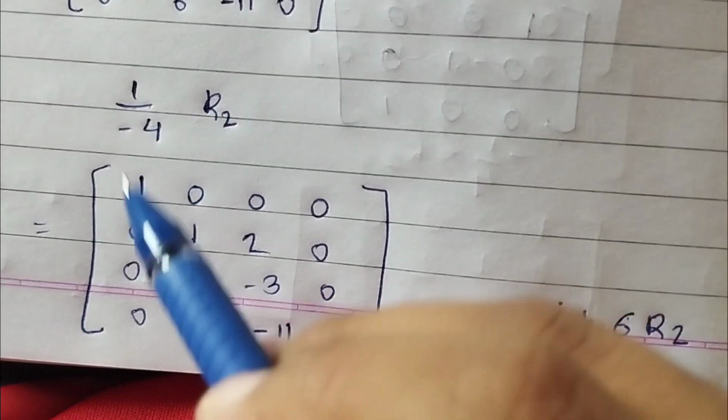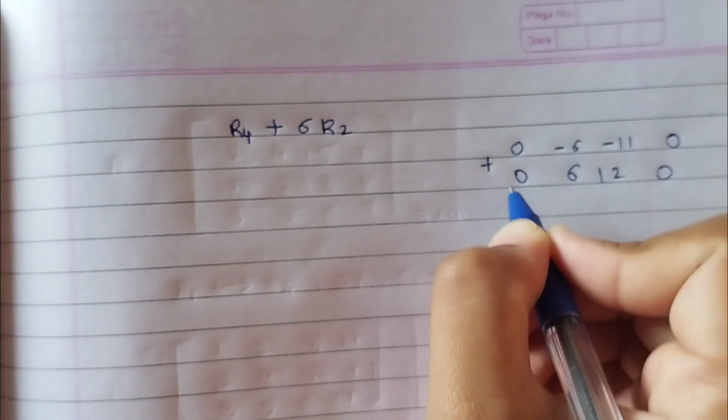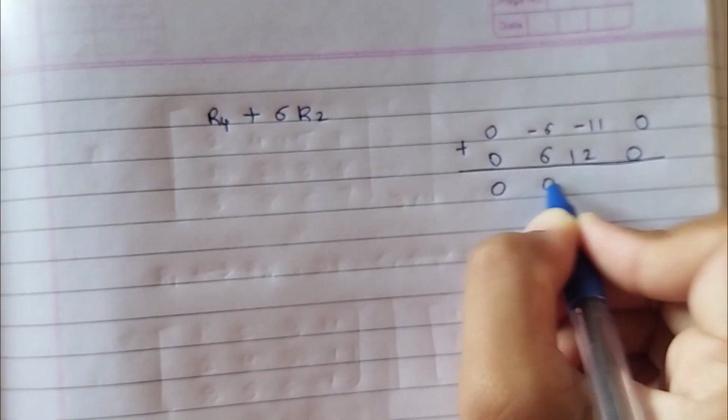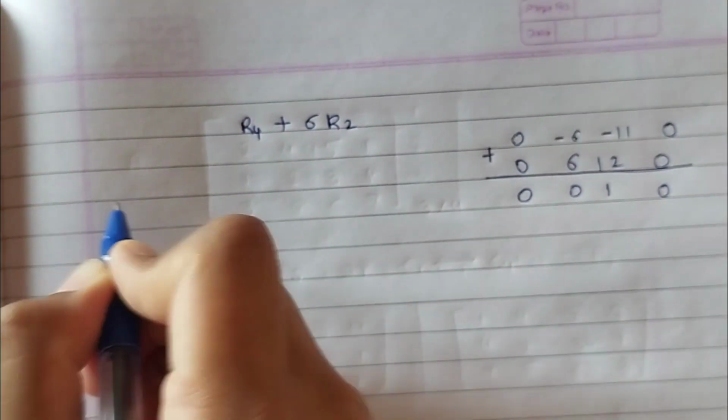This is R4 and this is R2. When we add them, the answer is 0 0 1 0.